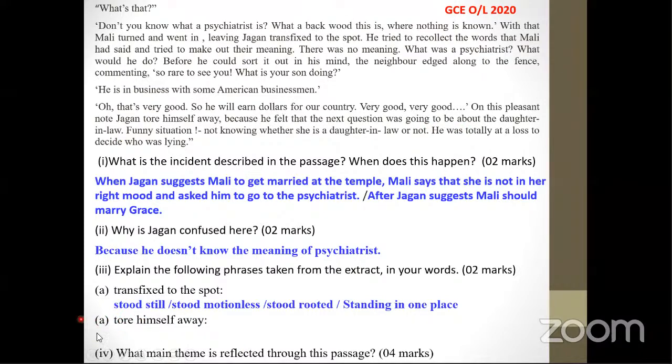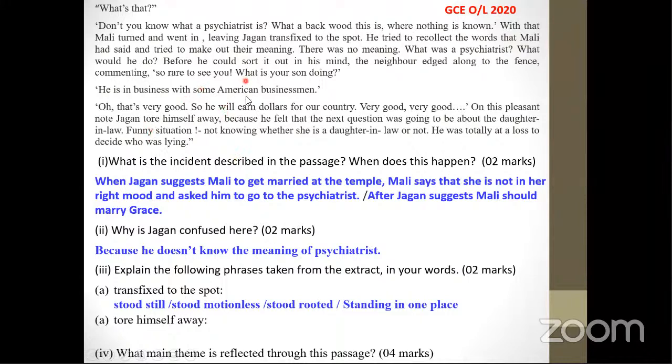Tore, if you take the word in isolation, you are tearing a piece of paper, something like that. But here, what does it mean in this context? Yes, I see answers coming. Please try. On this pleasant note, Jagan tore himself away because he felt that the next question was going to be about the daughter-in-law.